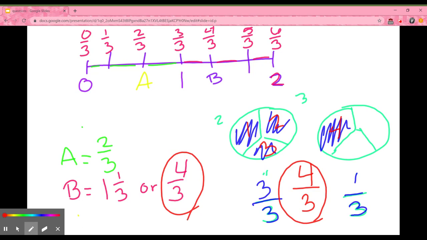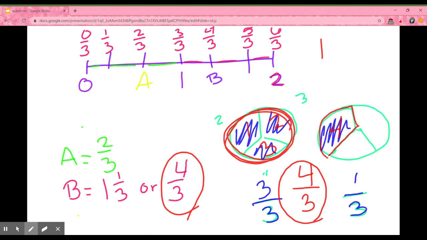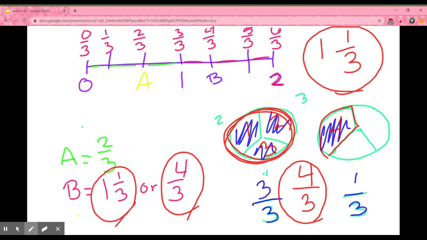Or we can think about it this way. You ate this whole pizza, so you had one whole pizza plus 1/3 of the second one. 1 and 1/3. So that's why letter B can be shown as 1 and 1/3 or 4/3.